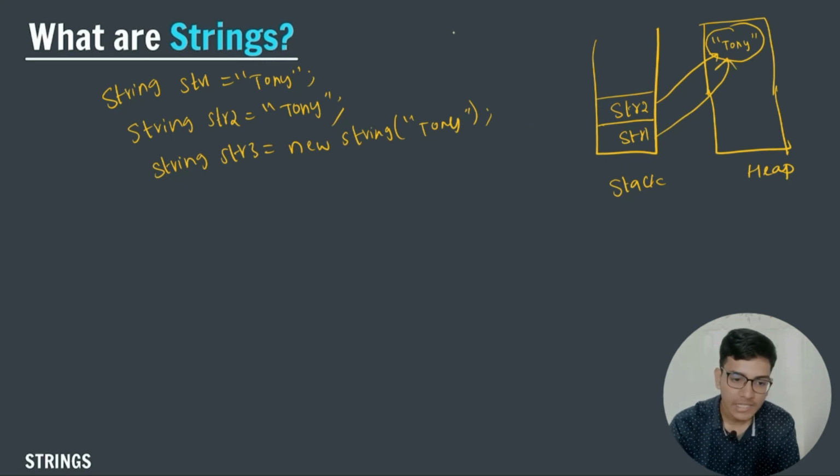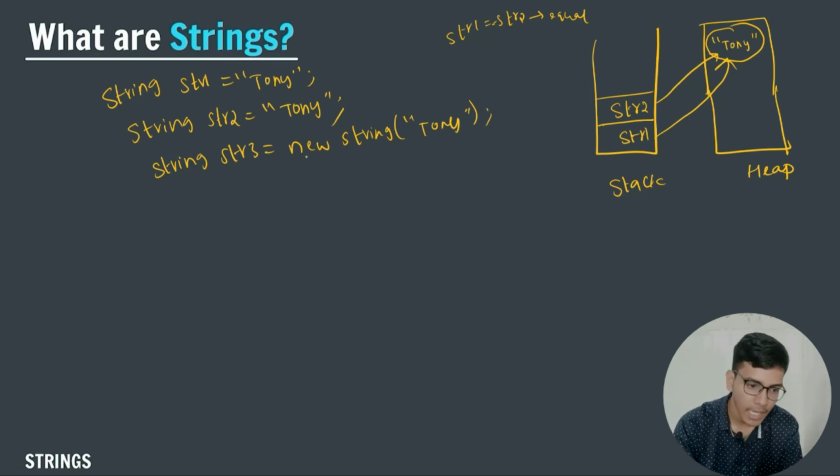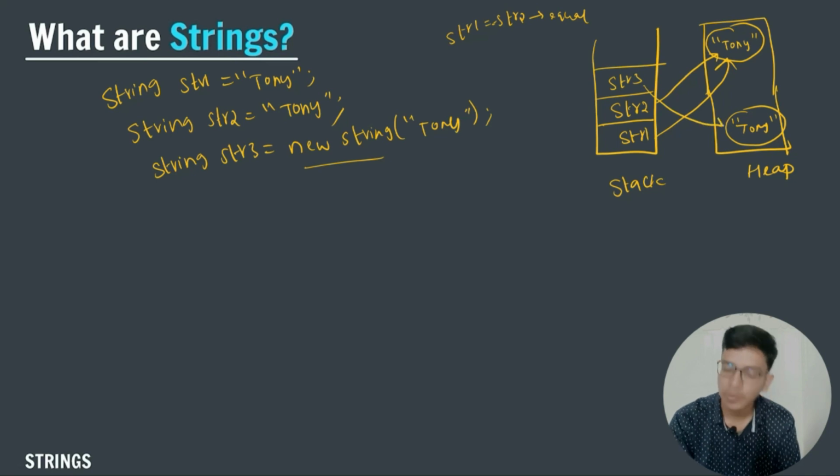So when we write str1 equals equals str2, this will give me equal, because these two are pointing to only one object. Suppose I create a new string, here I have created new String, right? So another Tony is created in the heap, and str3 will point to this particular Tony.